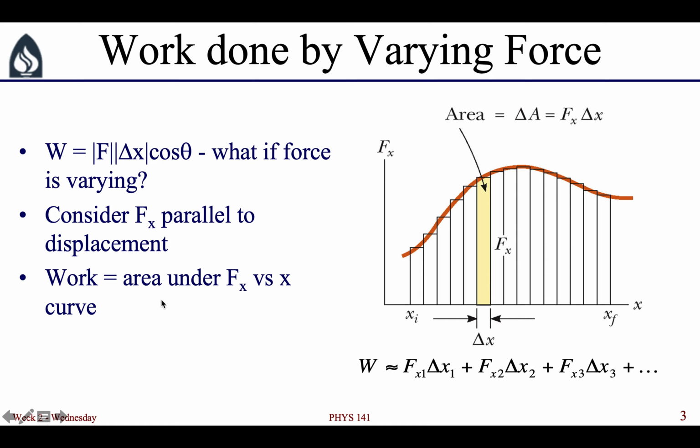So in conclusion, if we have a varying force, the total area under this curve, which is better and better approximated by these little rectangles as we make them smaller, is the amount of work that is done on the object by the varying force.